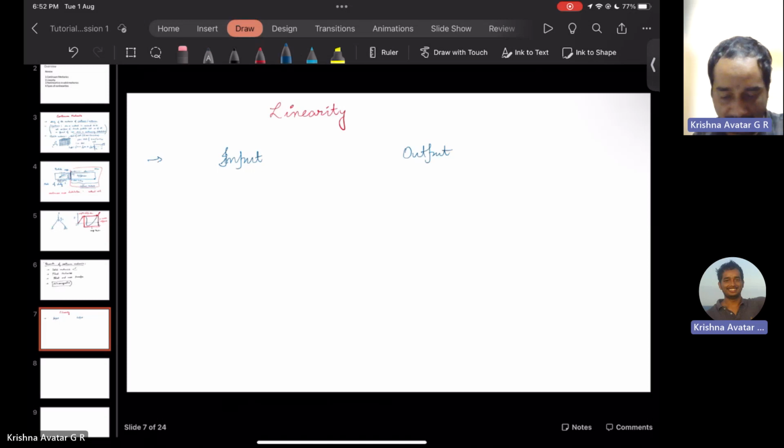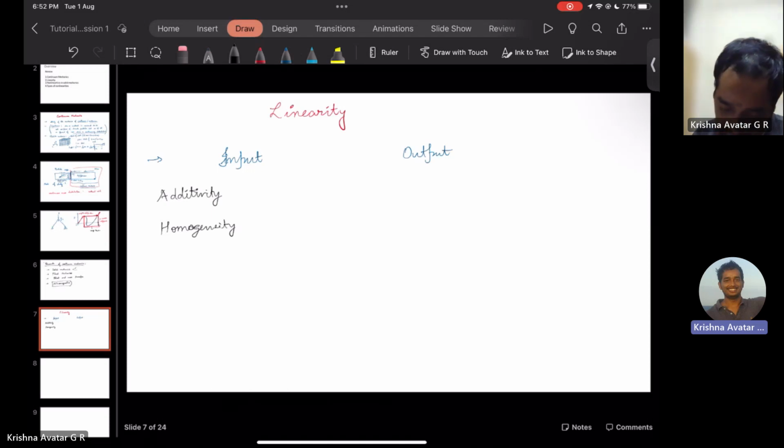Linearity is based on two aspects. The first aspect is additivity, and the second is homogeneity. I'm just talking about how input is related to output.